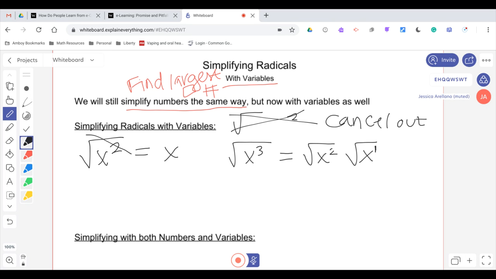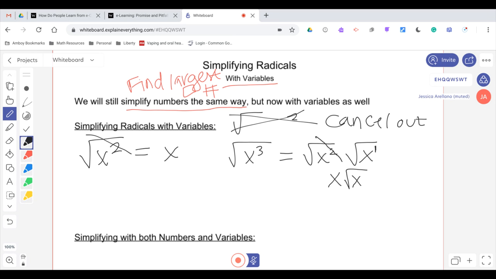In this case, the square and the exponent of 2 cancel out, leaving me with x on the outside and an x on the inside as well. So all of your odd numbered exponents will still have an x left over in the square root. It's kind of like the leftover number that doesn't have a square root stays inside the square root.